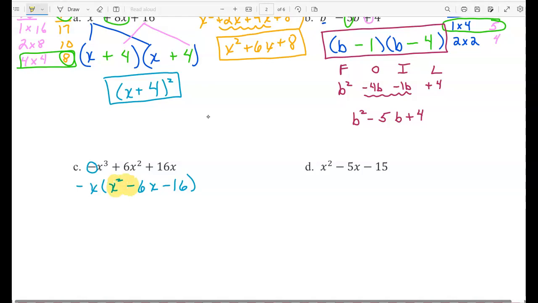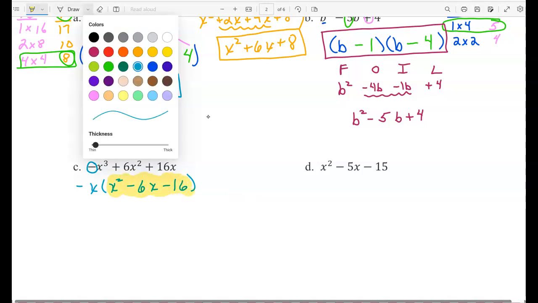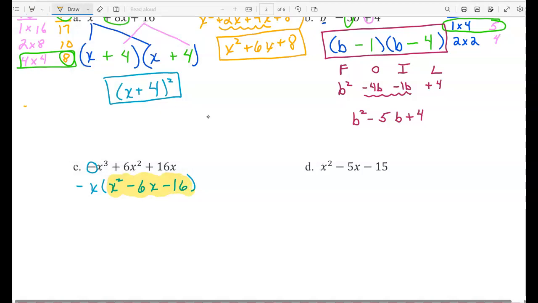So this format has the x squared plus bx plus c. So I'm going to focus on what's highlighted in yellow and factoring the trinomial into the two binomials. We know the first positions come from the x and the x. I'm thinking about all factors of 16.